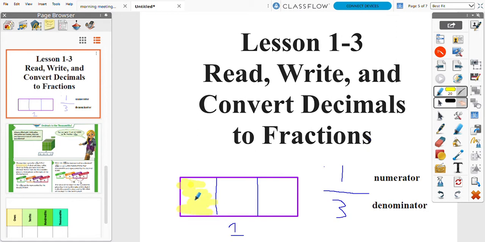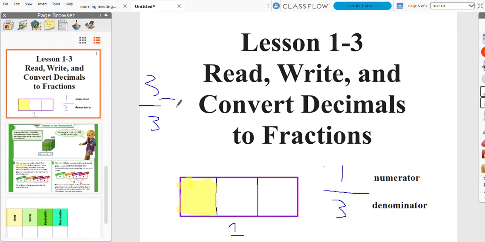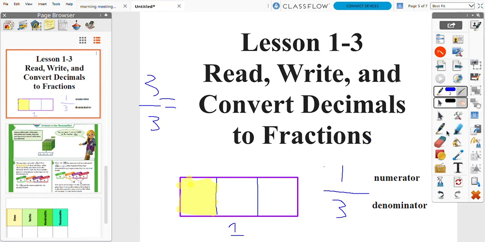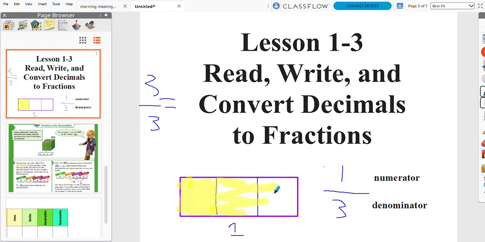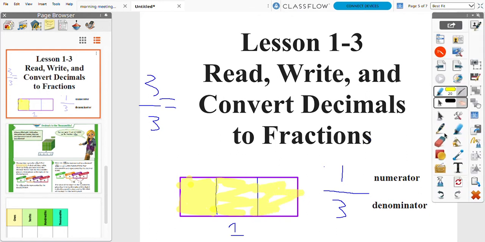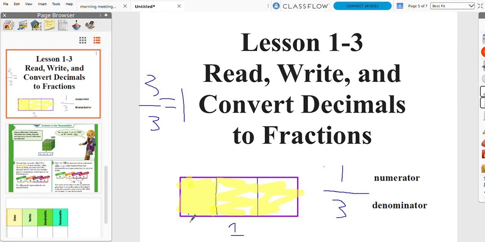It's an important concept to know and review. How many pieces make that one whole? If I had 3 of all those pieces shaded, you have one whole.